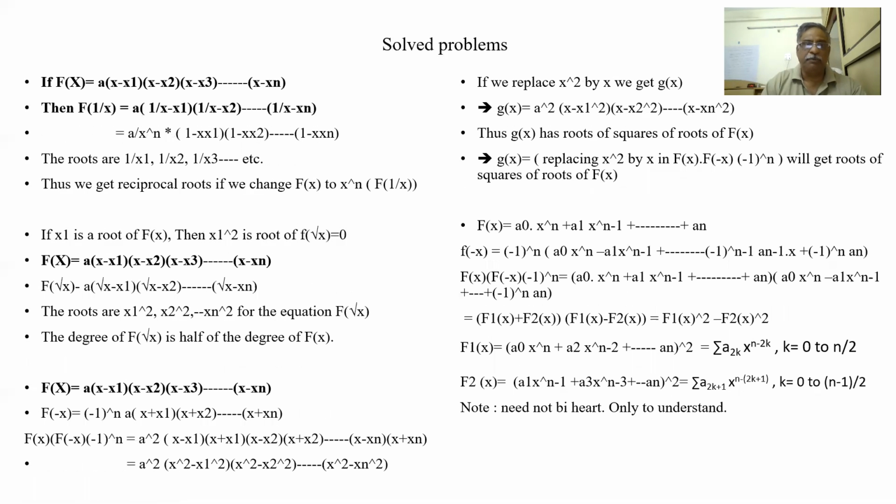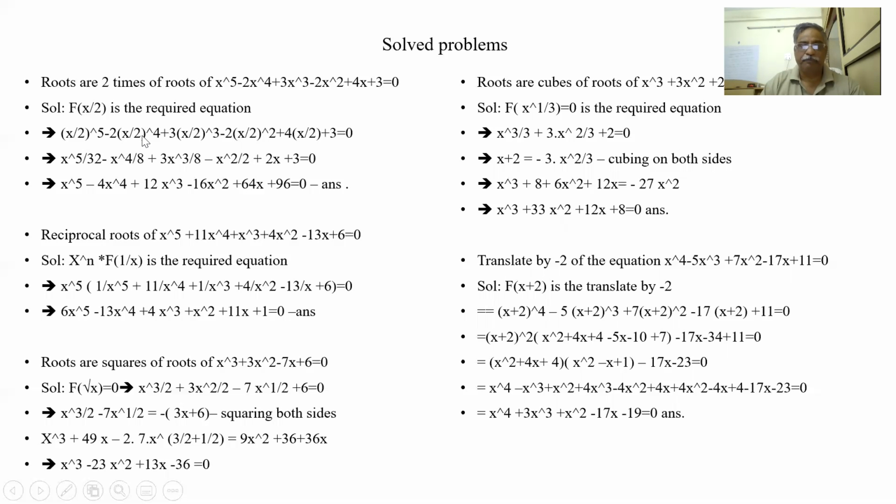So x to the power of n multiplication is required to remove this denominator. So I put x to the power of 5 into 1 by x to the power of 5 plus 11 by x to the power of 4. Wherever x is there, I am putting 1 by x. So by rearranging the terms, I am getting 6 x to the power of 5 minus 13 x to the power of 4 plus 4x cubed plus x square plus 11x plus 1.